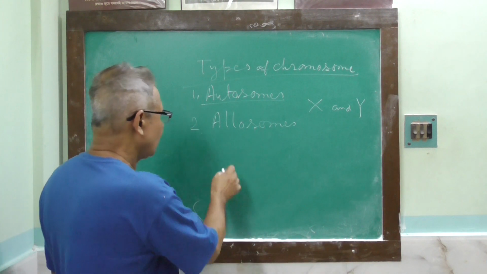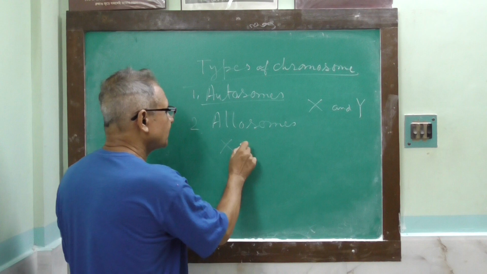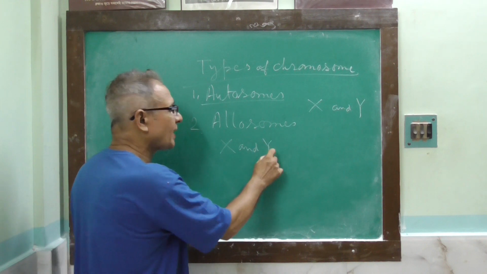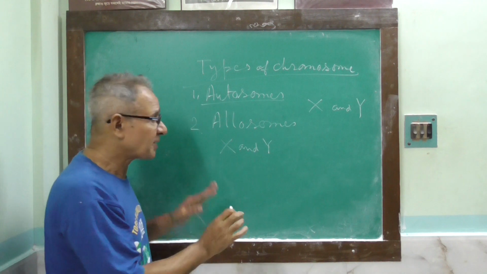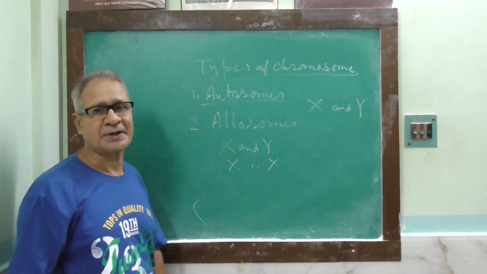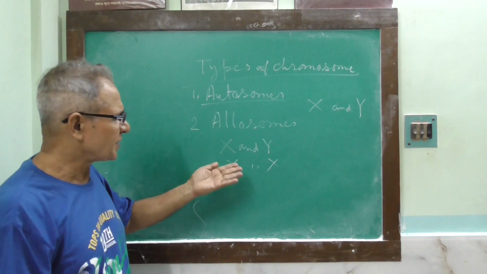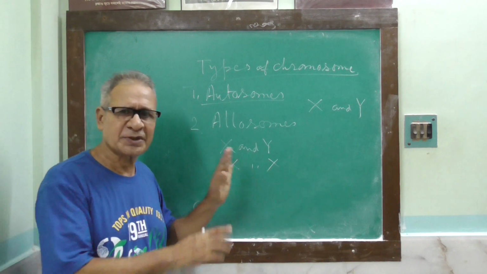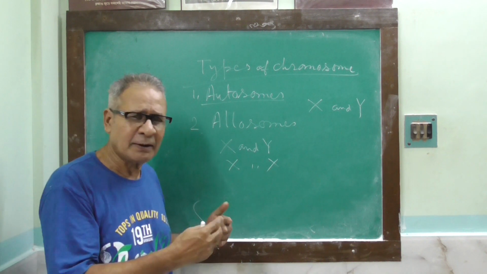In male, both the allosomes, X and Y, are present, but in female, only X and X are present. During sex determination, we study this again.